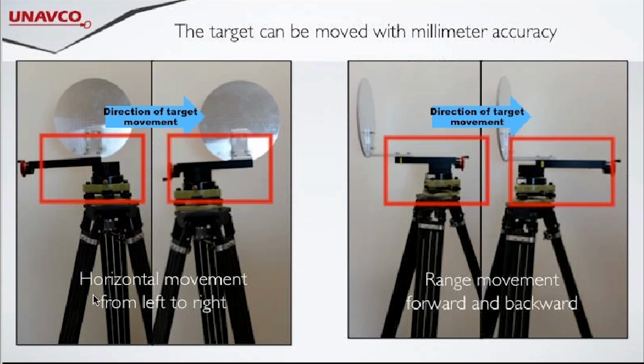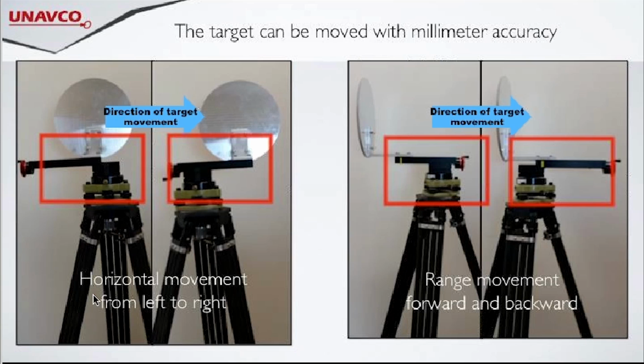One of the neatest parts about our target was the apparatus that it was mounted on. So this was a lead screw machine that allowed us to move our target left and right and forward and backward very precisely, very accurately, to the millimeter.